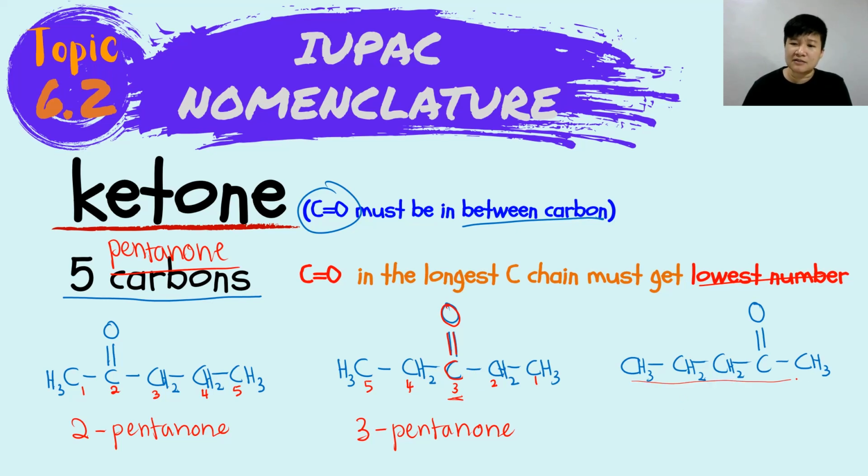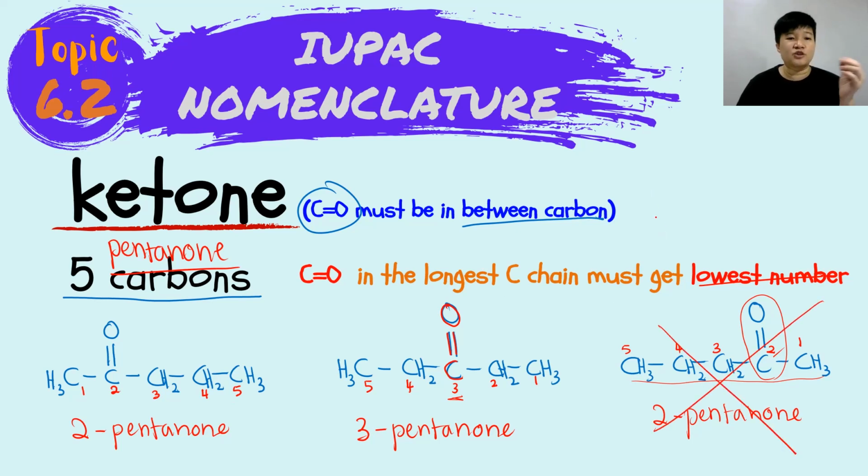How about the last structure? Here the C double bond O looks like it changed position, but in fact it's also carbon number 2, because now we start counting from the right to ensure the C double bond O gets the lowest possible number. So this is also named 2-pentanone, and you realize they are the same. So do we need to put the number for the ketone?